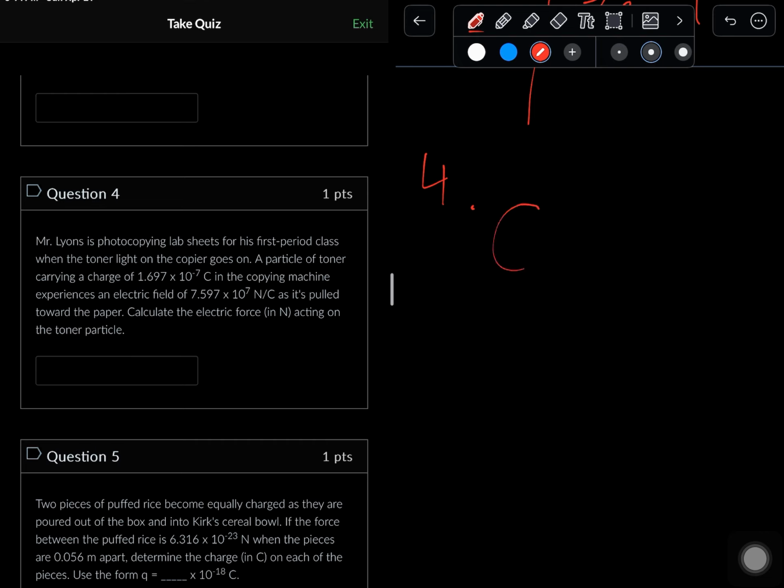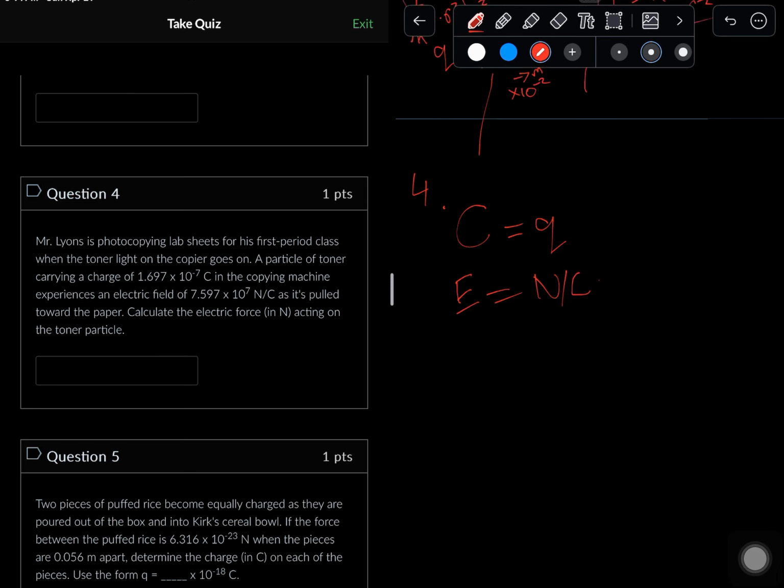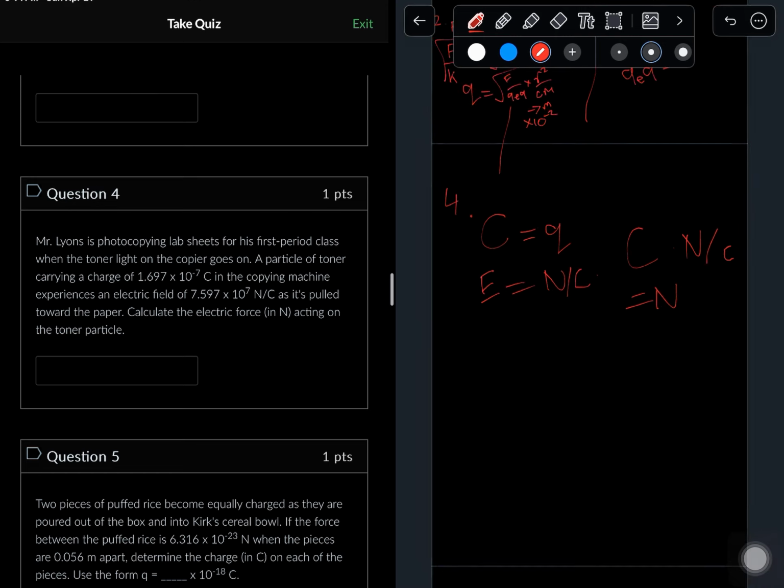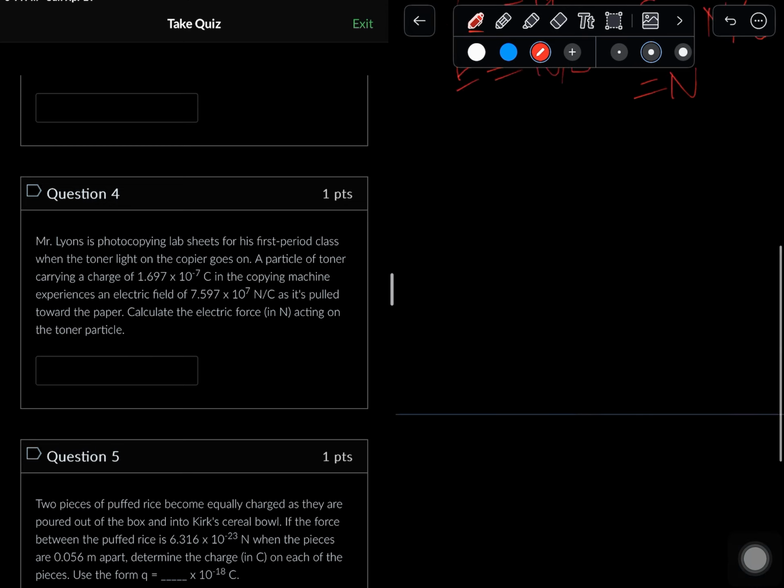You have the Coulombic value of the charge, and you have the electric field in newtons per coulomb. And if you were to take coulombs times newtons per coulomb, you get newtons. So all you would do is multiply both values in order to get the force, since the units cancel out.